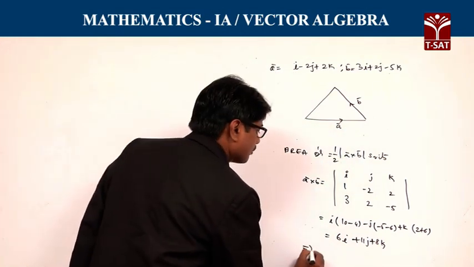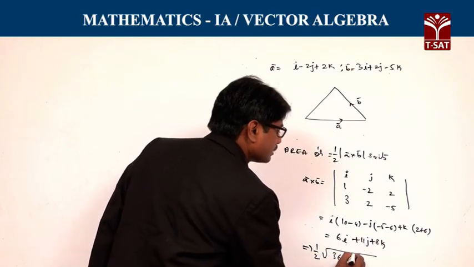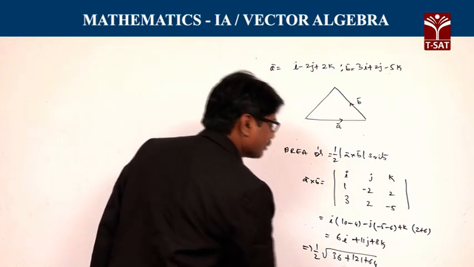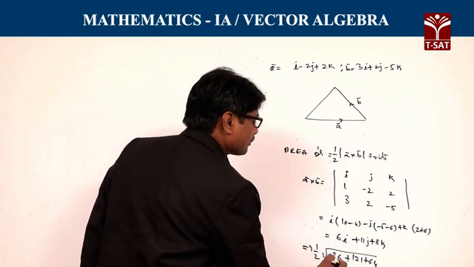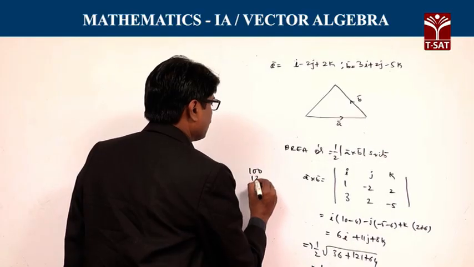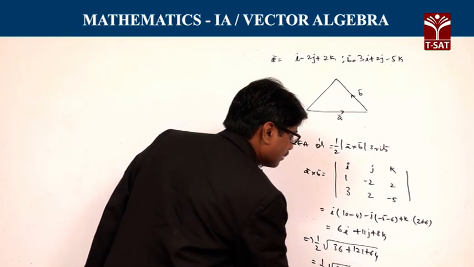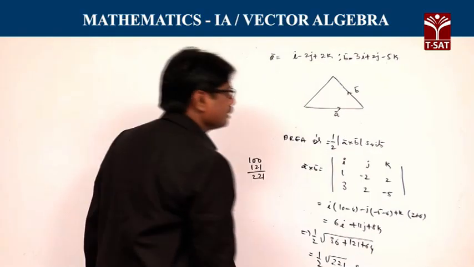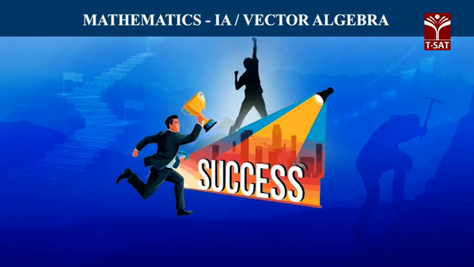So, area is equal to 1 by 2 times root over 36 plus 121 plus 64, which is nothing but 1 by 2 times root over 221, that is root 221 divided by 2 square units. Area of the triangle having a bar and b bar as the adjacent sides.